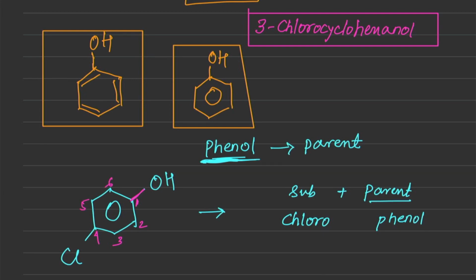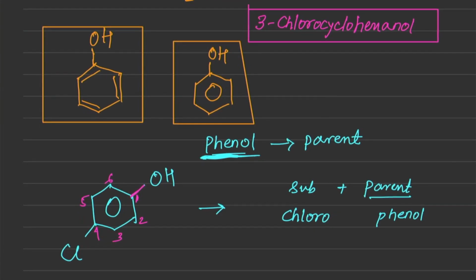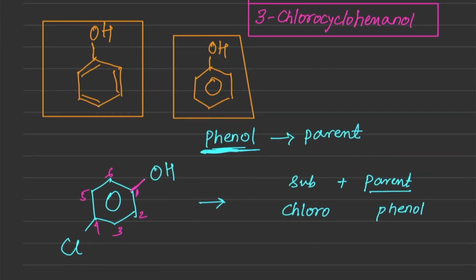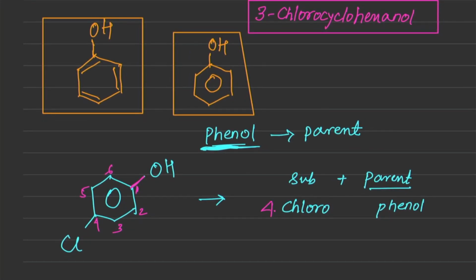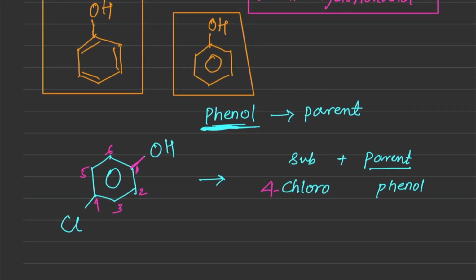In this particular example, it doesn't matter which direction you're going, it's always going to be the same. So let's call it 4-chloro phenol. So the final name would be 4-chlorophenol.